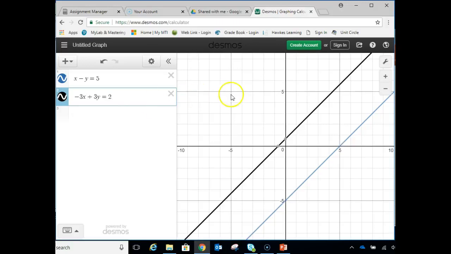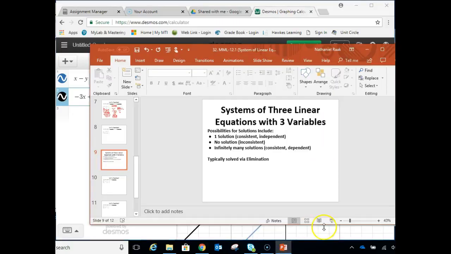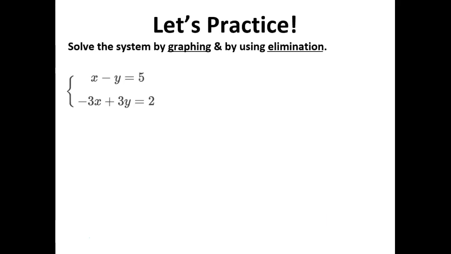Well, when I look at this, I've got two lines that are parallel to each other. I think the answer is going to be inconsistent because they're never going to cross. So from graphing, the answer should be inconsistent. Let's use algebra to check that out.